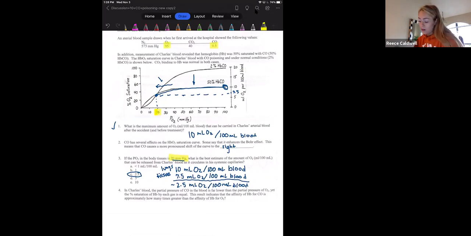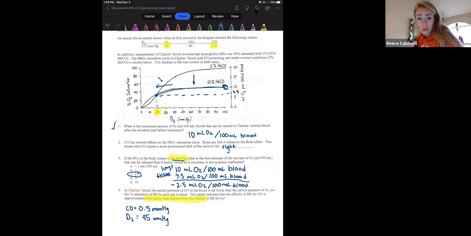So we're asked how many times greater is that affinity? What we would do to solve this question is look at those values again. Carbon monoxide is 0.5 millimeters of mercury. Oxygen is 95 millimeters of mercury.